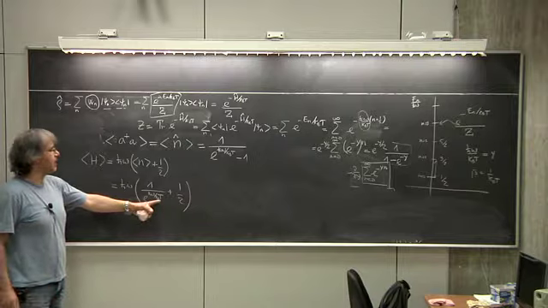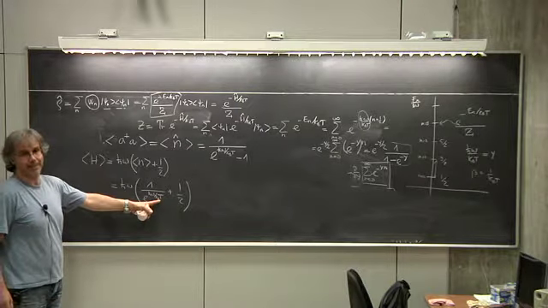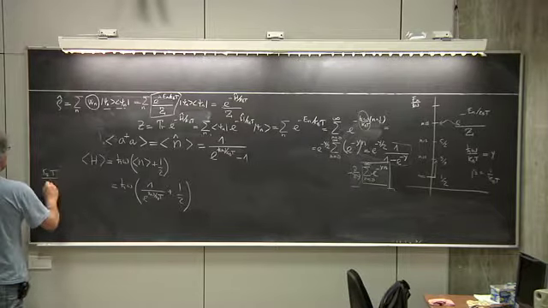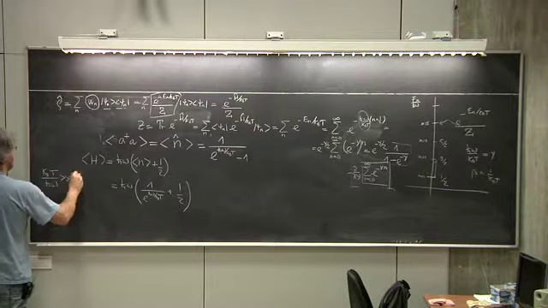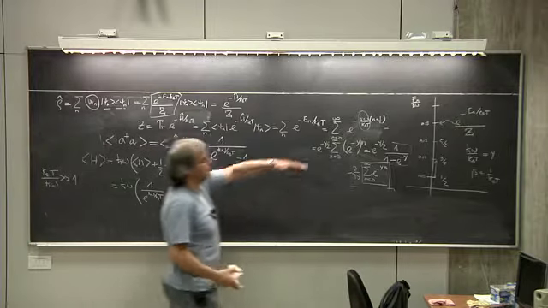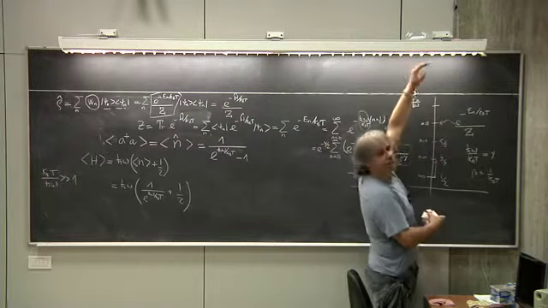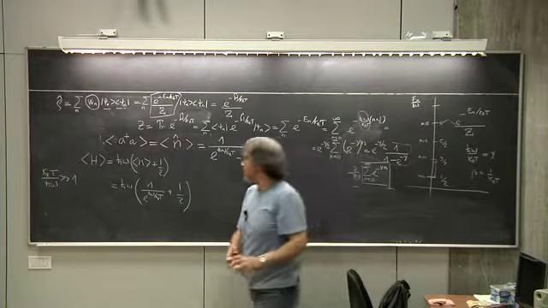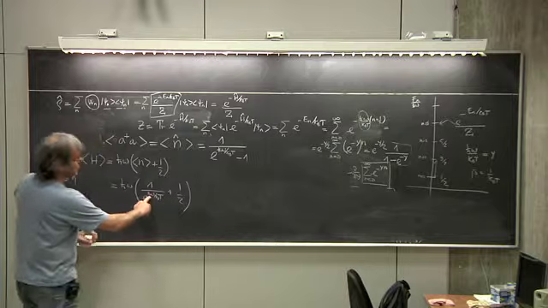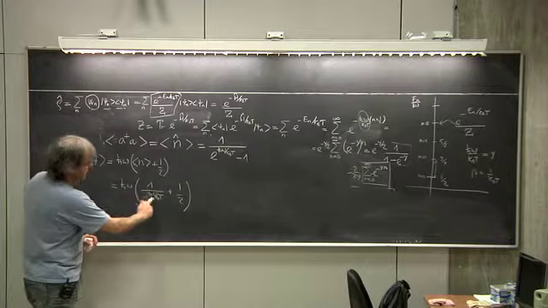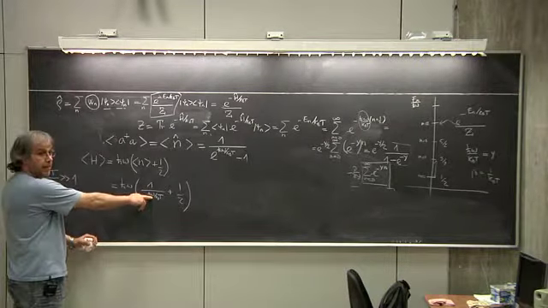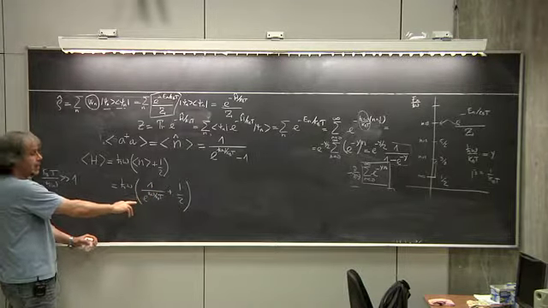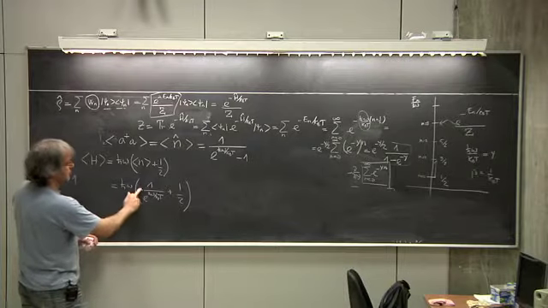Let's see what happens for very, very large T. In particular, I want kBT over h bar omega much larger than 1. It means that your temperature scale is far greater than this amount. So what happens is that you have this exponential, e to the y with a very small y. So you can expand this.